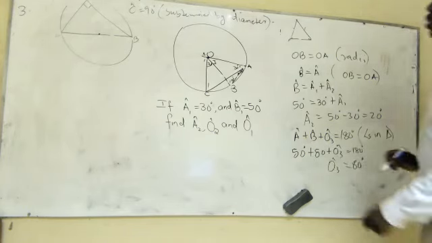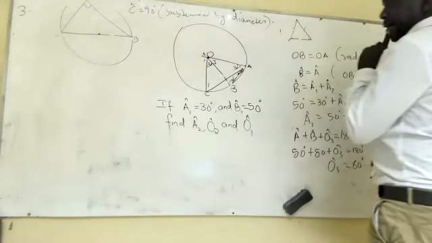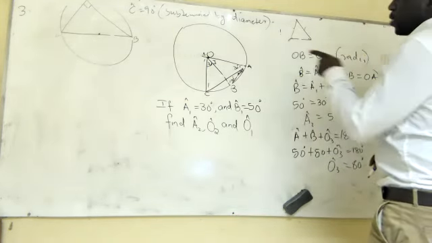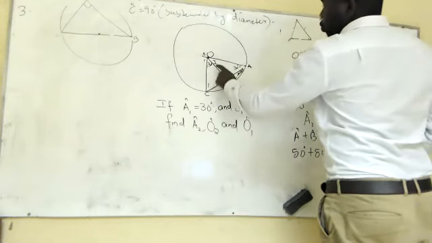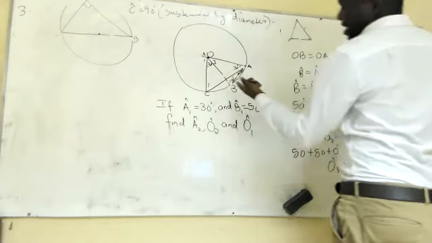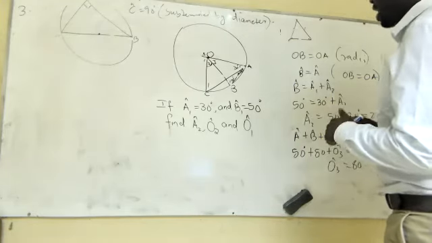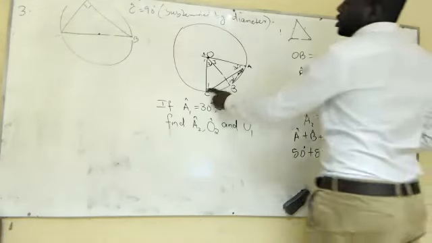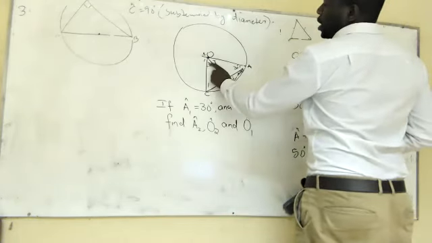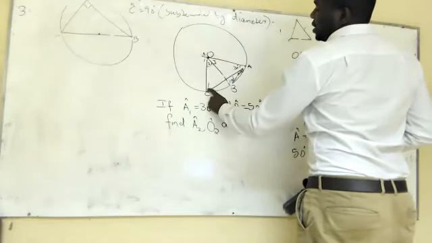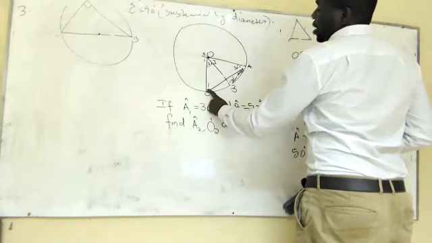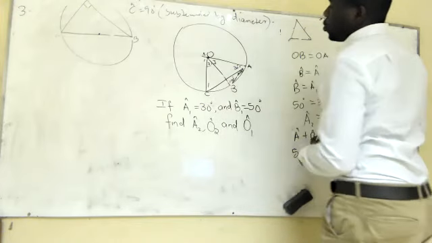And that is our O3. But the question doesn't require us to find O3. It requires us to find O2. So finding O3 is just assisting us. Remember, we want to get O2. Let's first get angle C1, and then from there we're going to get to O2.